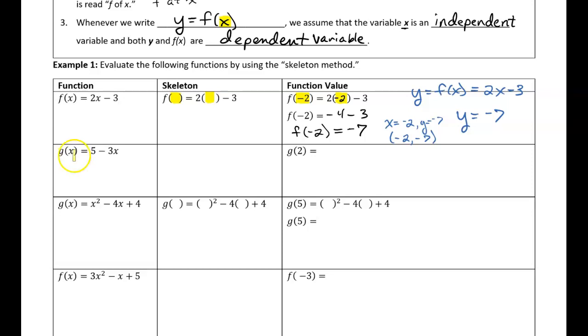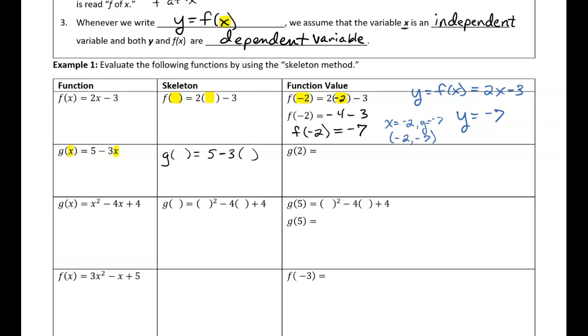Well, we were saying anywhere there's an x, right? We're going to put a space to fill in our values, whatever it may be. So I'm going to have g, whatever they want us to plug in. So I'm going to leave it blank there. There's my skeleton starting. 5 minus 3, here's my variable. So that's where I'm going to leave a space to plug in a number or another value.